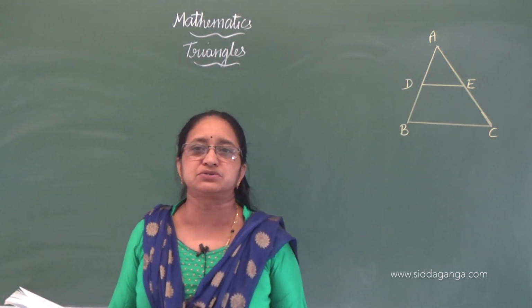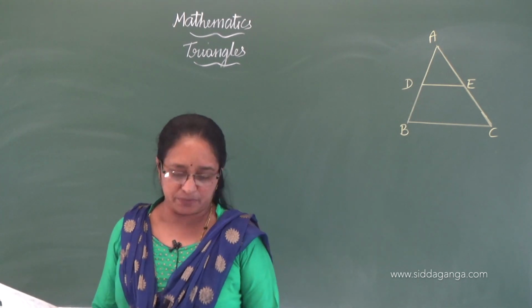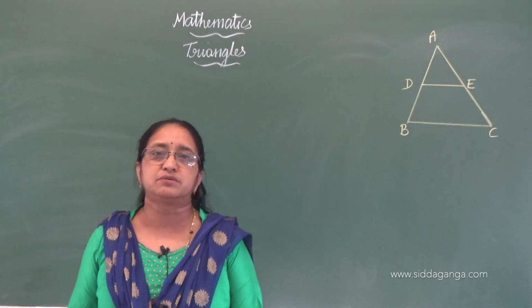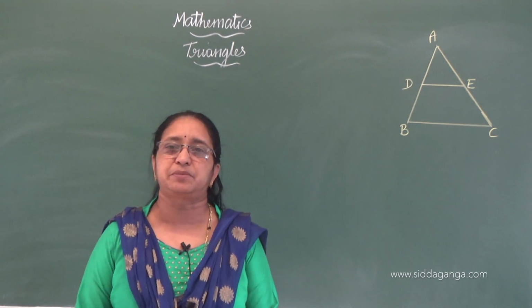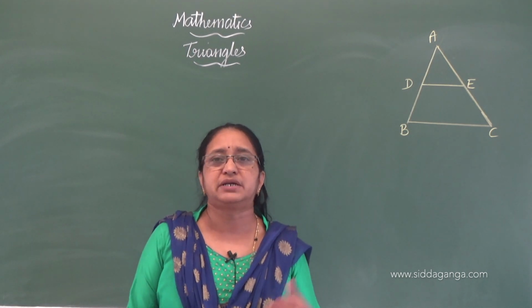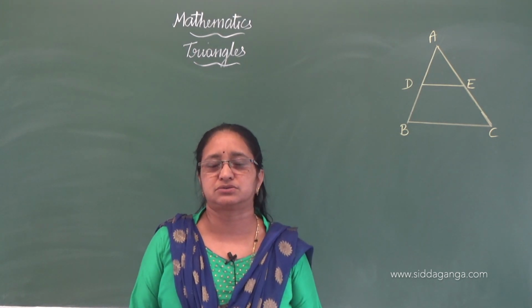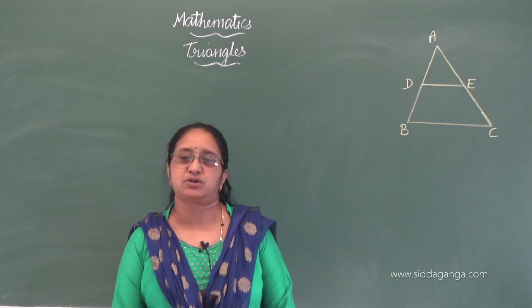So first we are going to study about the corollary. I hope you understood the meaning of corollary. Based on the theorem, whichever theorem it may be, we can derive many other results. That is called as corollary.